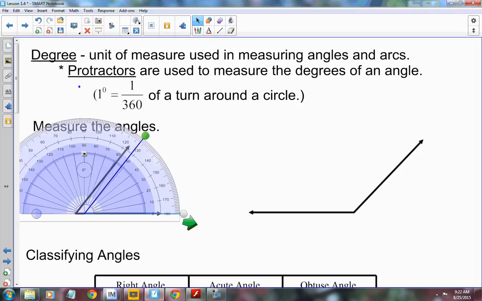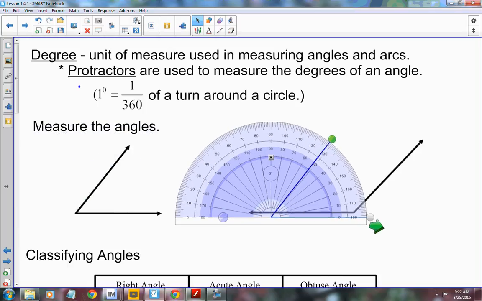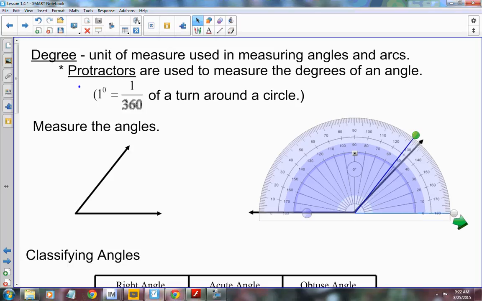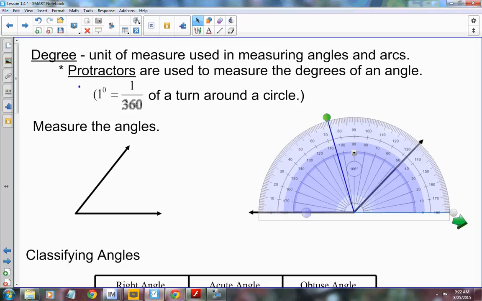On the other one, I flipped it. Now, it's not flipped on your paper, but I flipped it because I wanted to show you how to use the other side. Okay? Alright. So here, I lined the vertex up at the crosshair, and yours will be the gold circle. And then this ray right here shoots off and hits the 180 mark.